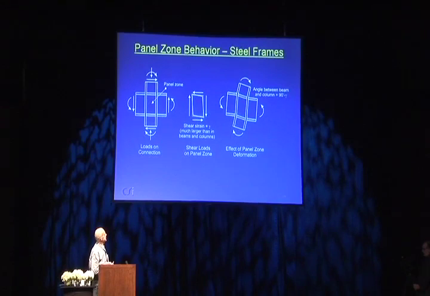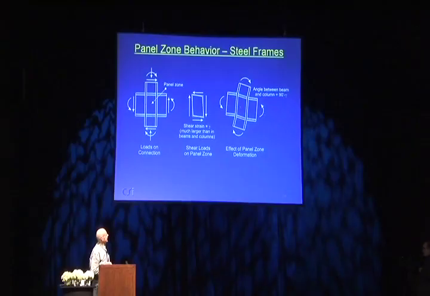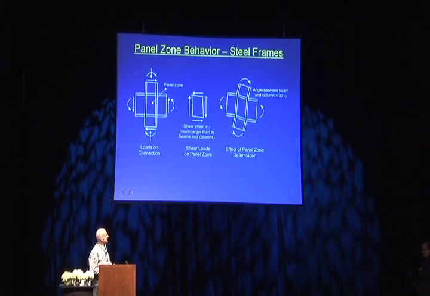The effect of this is it puts a rather large shear stress on the panel zone. Much larger shear stress and strain in the panel zone than in the adjacent beams and columns, and in fact in the opposite direction. And you get a distortion which looks like this, and so the angle between the beam and the column no longer remains at 90 degrees, and it acts somewhat like a semi-rigid connection.